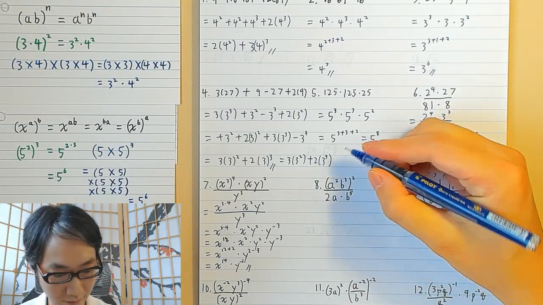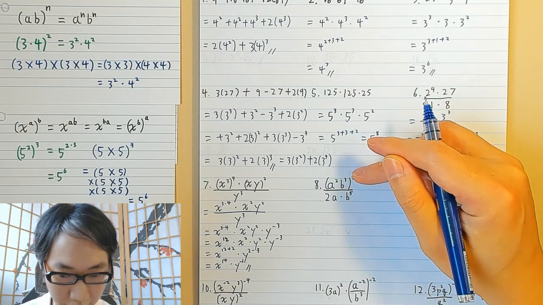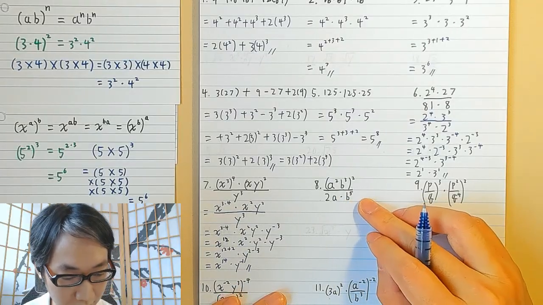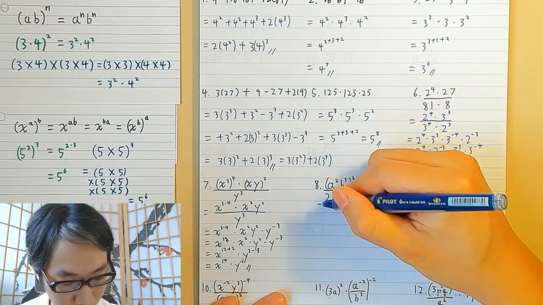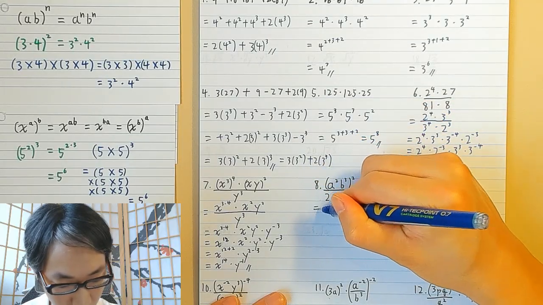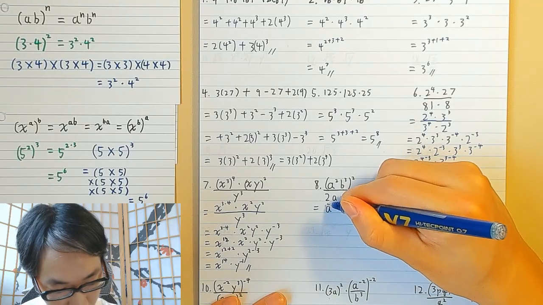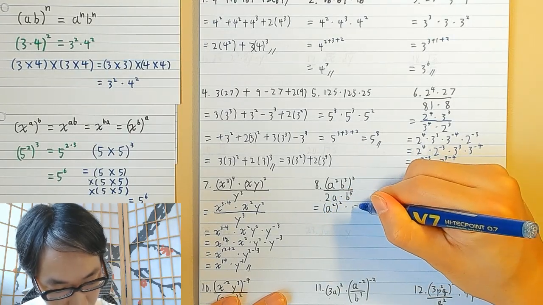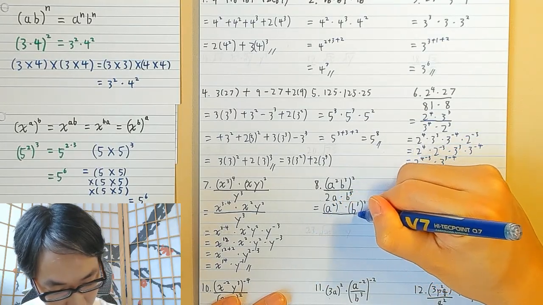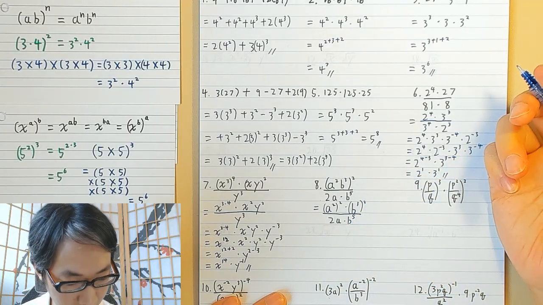Number 8. Well, on top we have a distribution situation, and the bottom we have some denominators. So let's do it together. So this will be equals to a squared distributed to 2 times b cubed distributed to 2 over 2a times b to the power of 5.